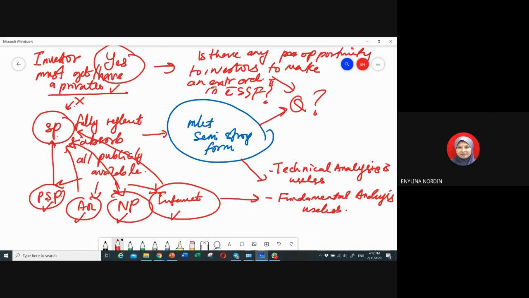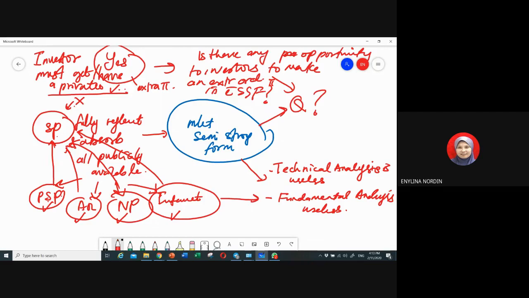Because you get reliable information from someone in the company who possesses this private information. If you make use of it in the semi-strong form, you can get an extraordinary profit, because this information is not yet included in the stock price.